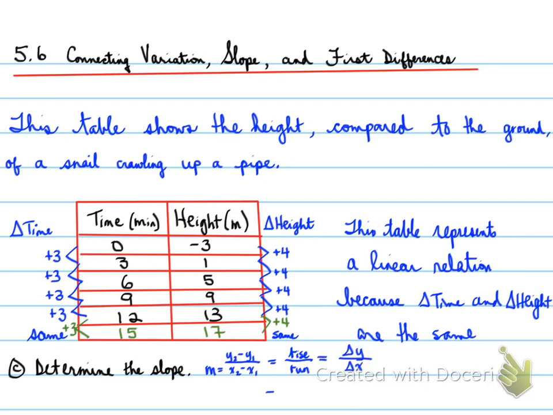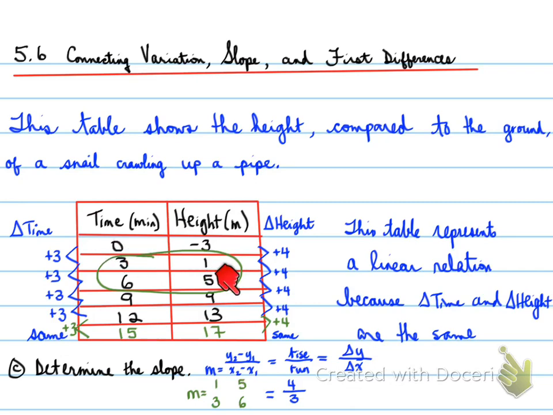Slope can be represented by any one of these three ways. Well, for us, it makes sense to use delta y and delta x. Delta y is +4. Delta x is +3. So delta y over delta x, or delta height over delta time, is 4 over 3.